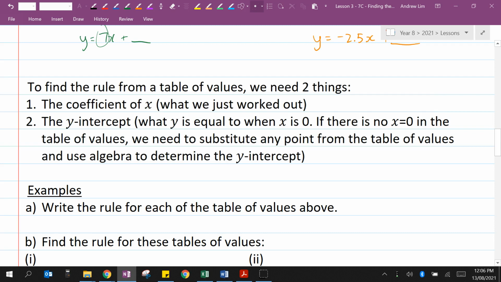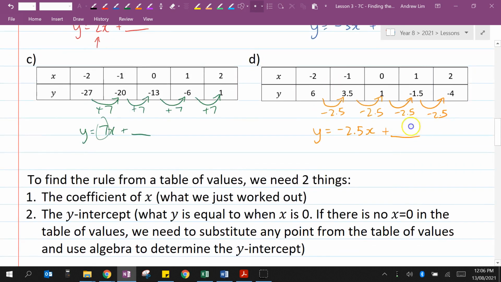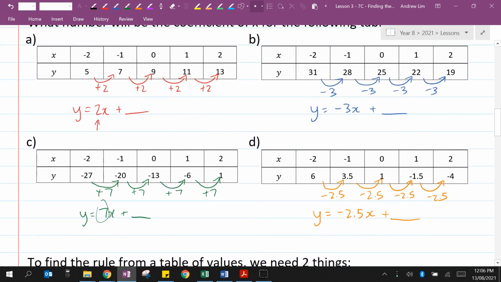So let's have a look at some examples. We're going to write the rule for each of the tables of values above. So I'm going to scroll back up. Here's A, B, C, and D. What is the y-intercept when x is equal to 0? Well, when x is equal to 0, y is equal to positive 9. So we write our plus 9.